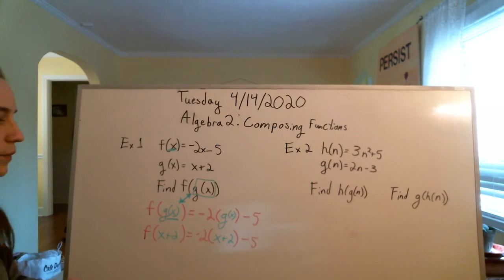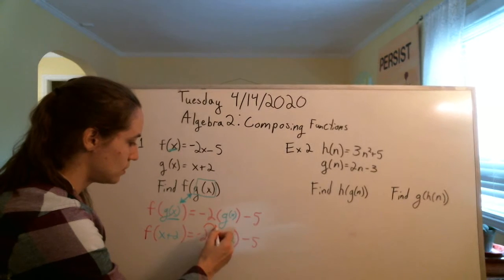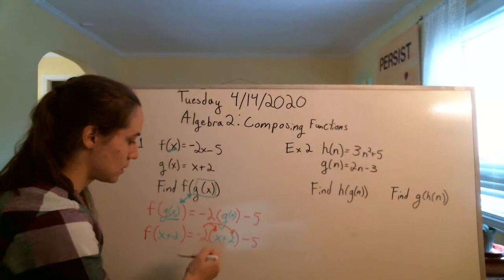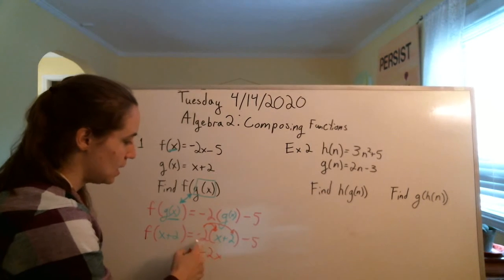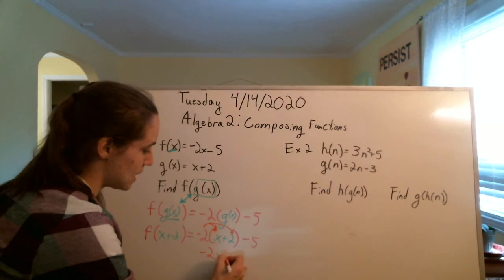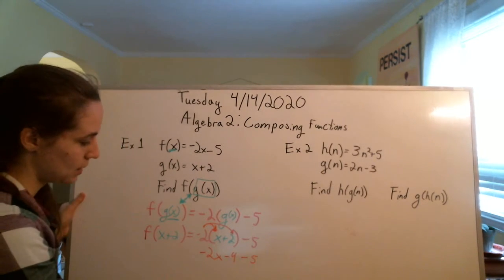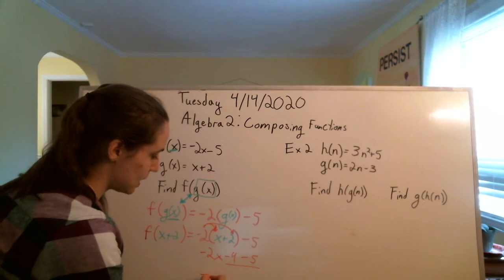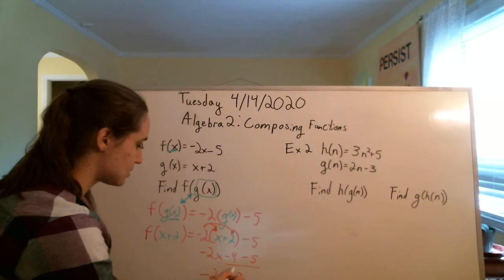Okay? And what we'll do here is distribute the negative 2. So negative 2 times x is negative 2x. Negative 2 times positive 2 is negative 4. And bring down my minus 5. Okay? Combine like terms, so I get negative 2x minus 9. And that's the answer to the problem.